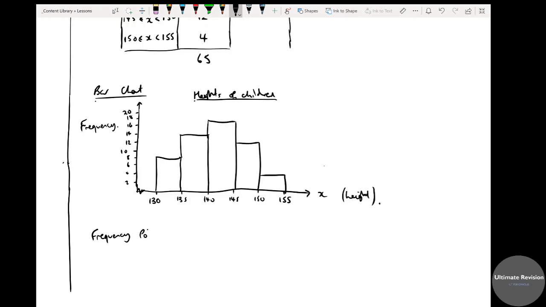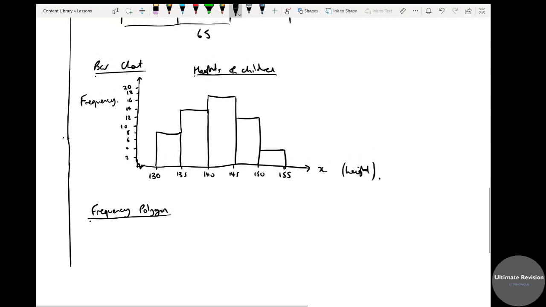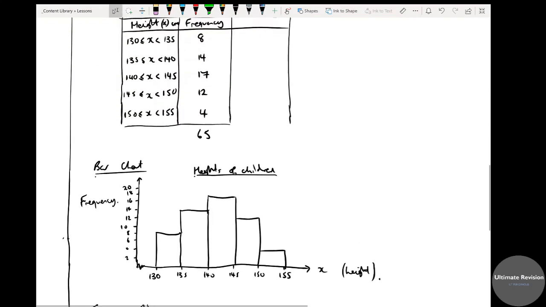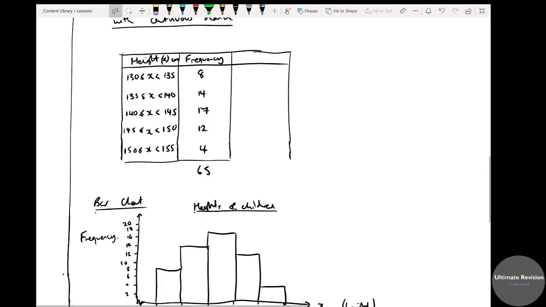Now a frequency polygon is extremely similar, but it's a bit like a scatter plot. For the frequency polygon, I need to put a third column in here, and this is the midpoint. To get the midpoint, it's the halfway point between, for this first one, 130 and 135.